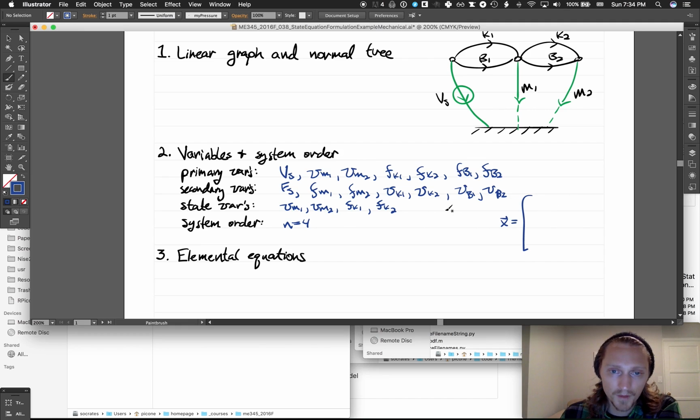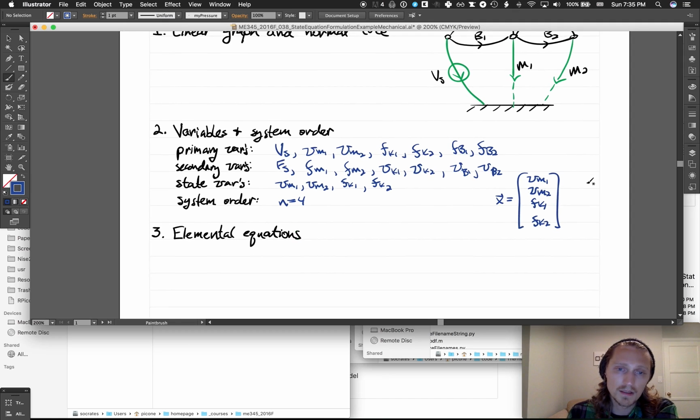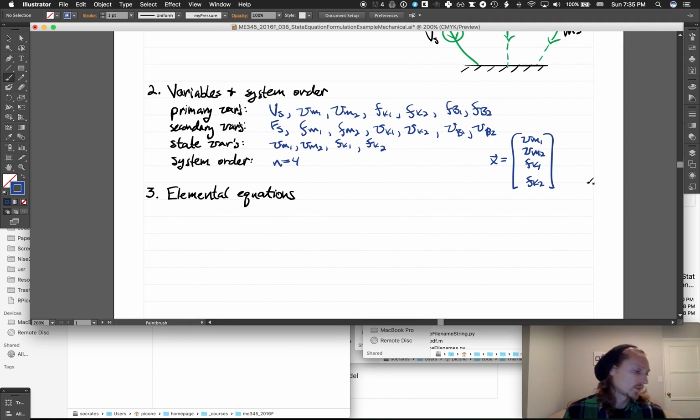Okay, so it's Vm1, Vm2, Fk1, and Fk2. And we could choose any order for those. I chose this order when I wrote my notes, so we're going to choose that order for this case, but any order is acceptable as long as you are consistent with your definition of x.